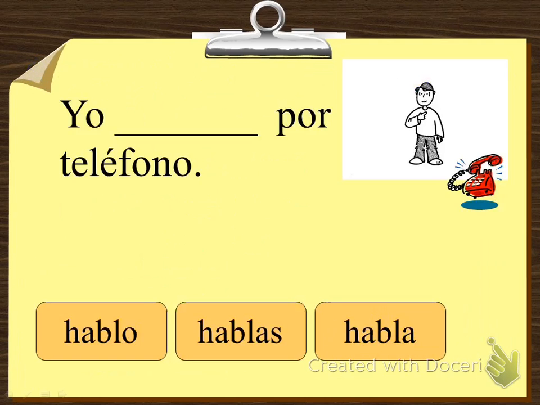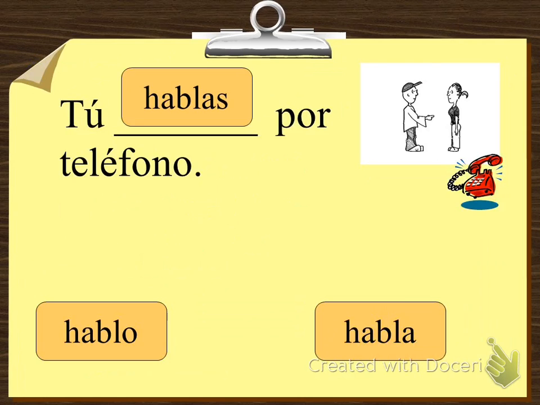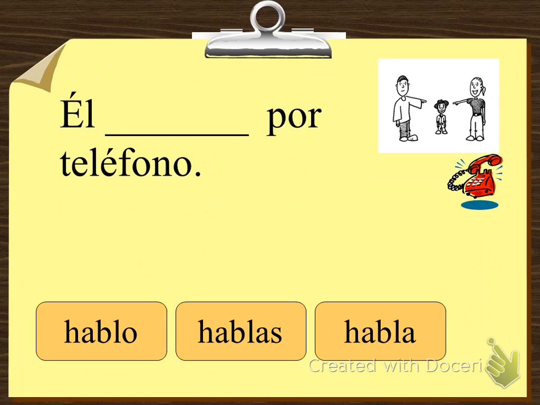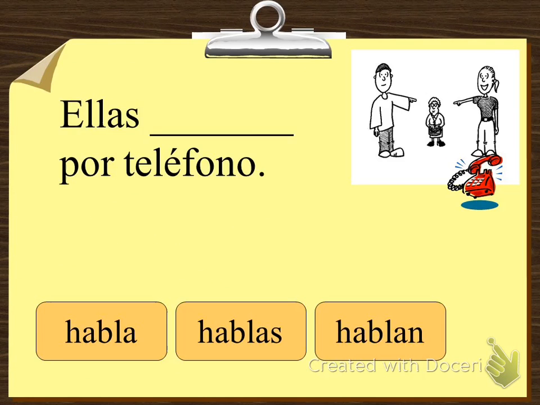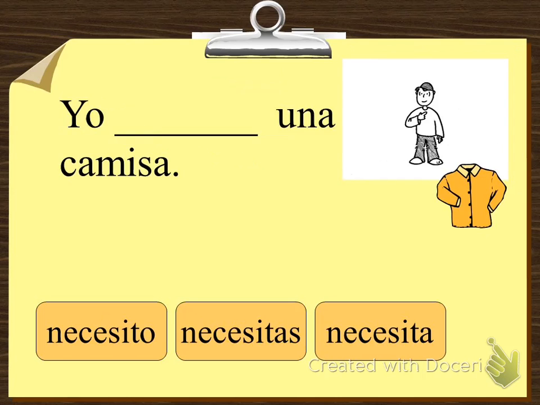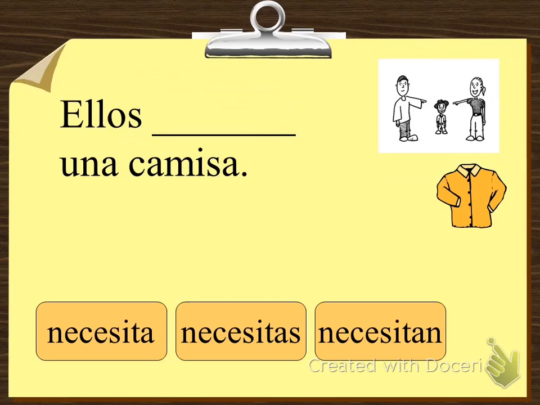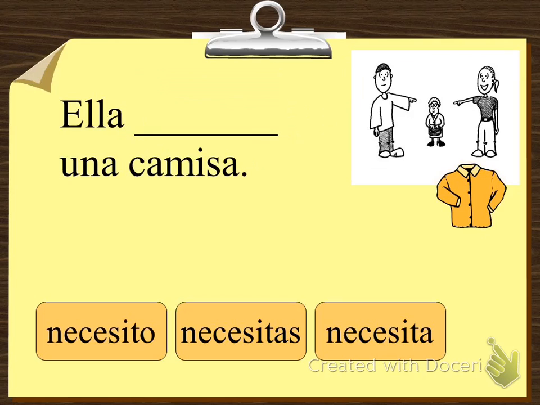All right, quick practice. What's this one? Hablo, good. Hablas, good. Habla, good. Habla, one singular person. I'm sorry, hablan, for plural. Sorry, I didn't see the S there. Necesito. Necesitas. Necesitan, good.